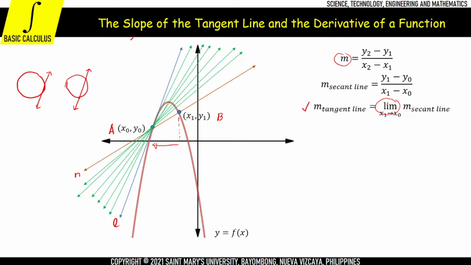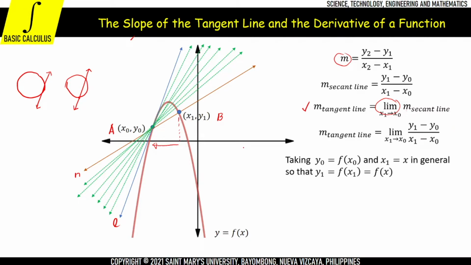Therefore, what we're trying to limit here is the slope of the secant line to approximate the slope of the tangent line. Therefore, the slope of the tangent line then is equal to, substituting the formula for the secant line, limit of y sub 1 minus y sub 0 all over x sub 1 minus x sub 0 as x sub 1 approaches x sub 0.